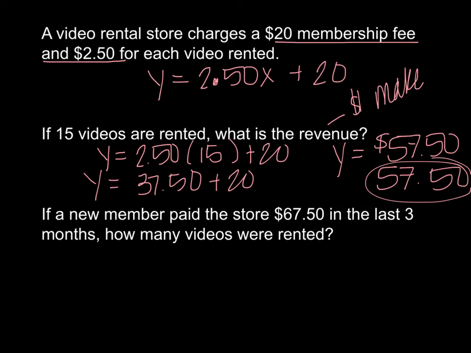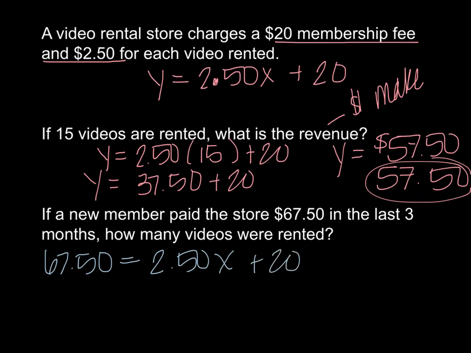Go ahead and see if you can figure out the last question: if a new member paid the store $67.50 in the last 3 months, how many videos were rented? What you should have done is recognize that $67.50 represents the total cost. So $67.50 equals 2.50x plus 20.